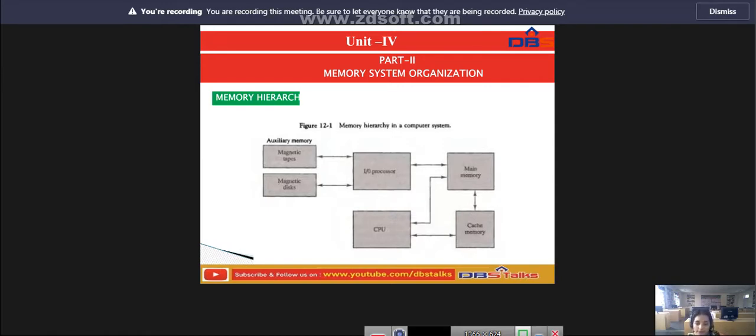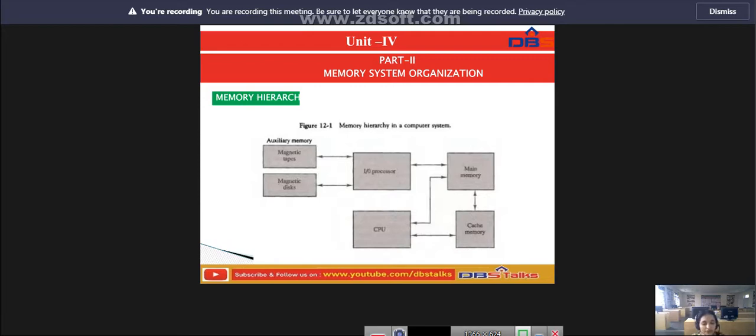Now we have discussed the two things available here, auxiliary memory and main memory. Only programs and data currently needed by the processor reside in main memory.